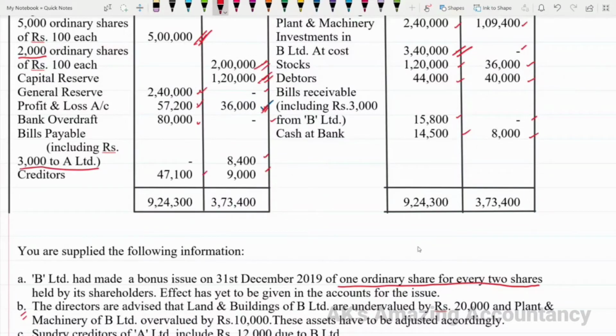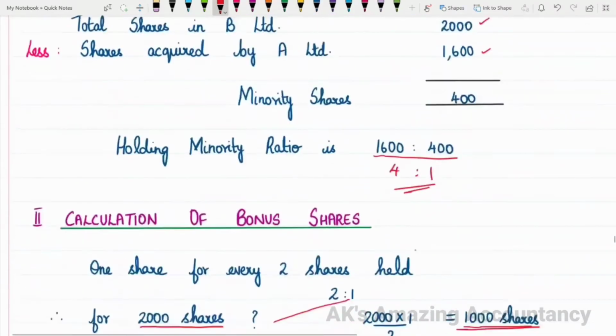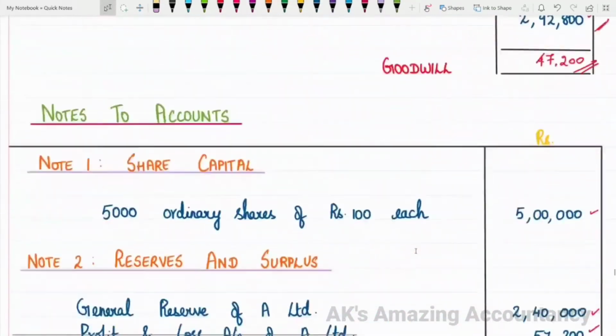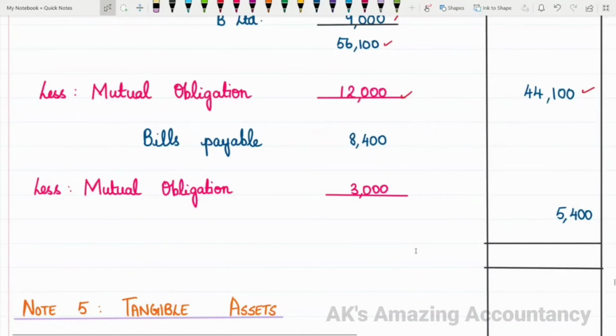So this 3,000 is mutual obligation which will be deducted from bills payable on the liabilities side, and from bills receivable as far as assets is concerned. Bills payable 8,400 less mutual obligation 3,000 will give us 5,400.